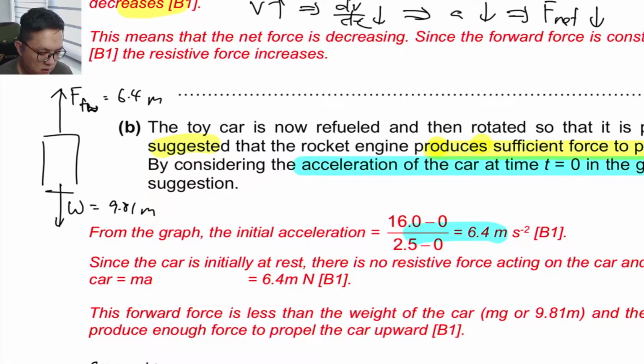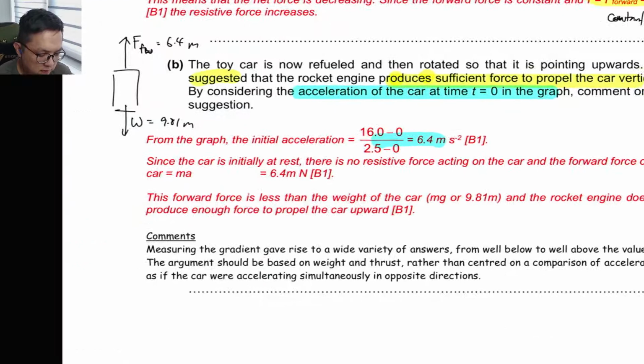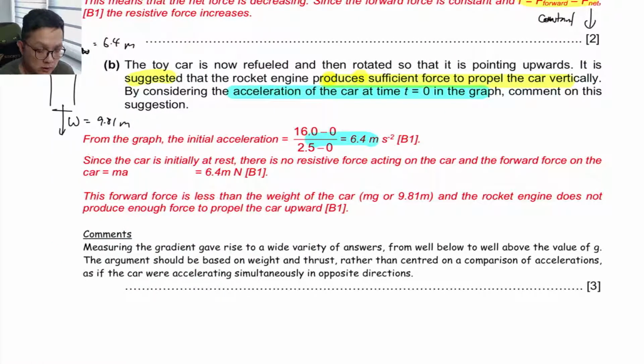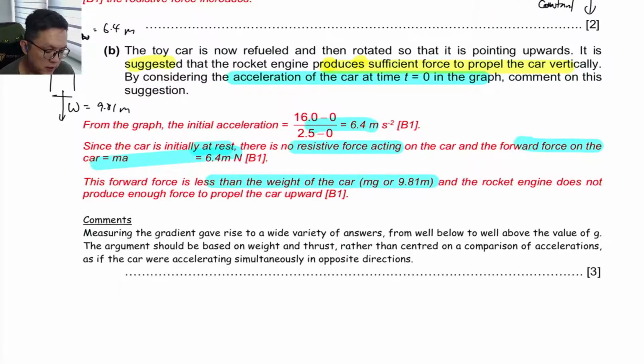Let me go back to the highlighter. At rest, therefore no resistive force, and the forward force is just equal to 6.4 m. Then your weight is more than your forward force. Essentially the engine does not produce enough force to propel the car upwards.